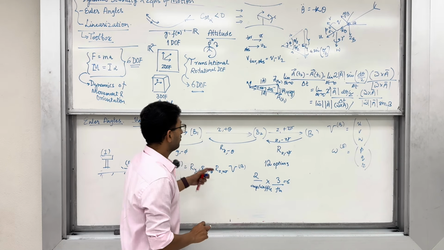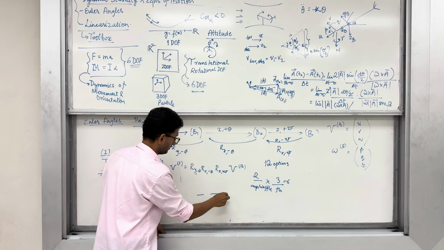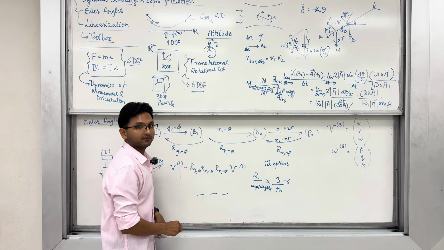Now, what are we doing with these rotations and movements? The first thing we need to choose is the axis about which we are going to rotate, and the angle, and so on. So, Euler says 3 steps of rotation. I have how many choices for the first step?